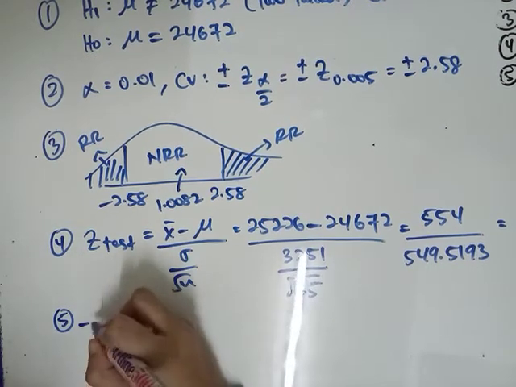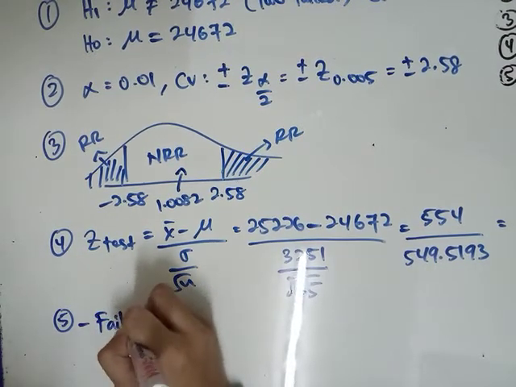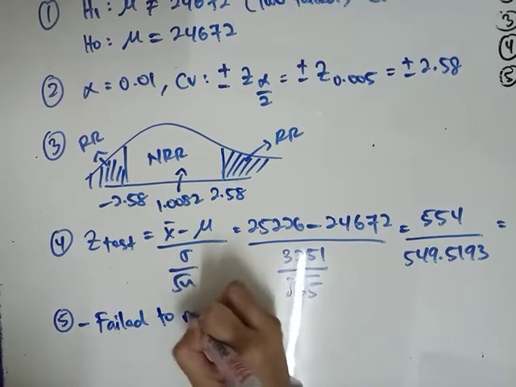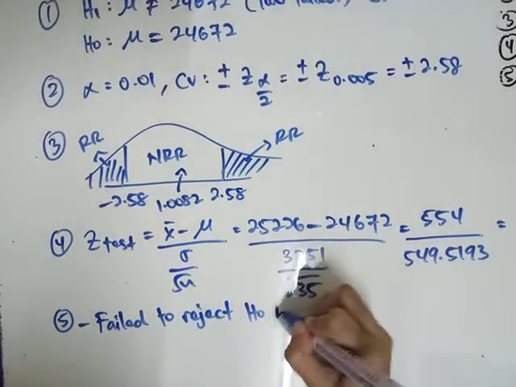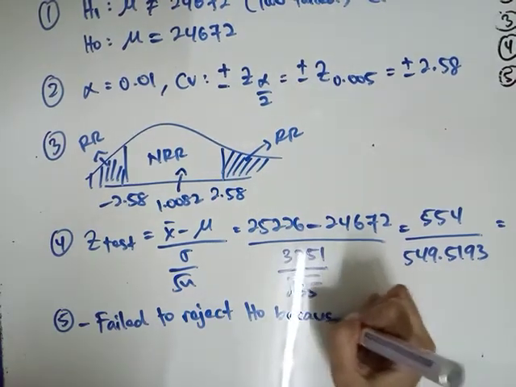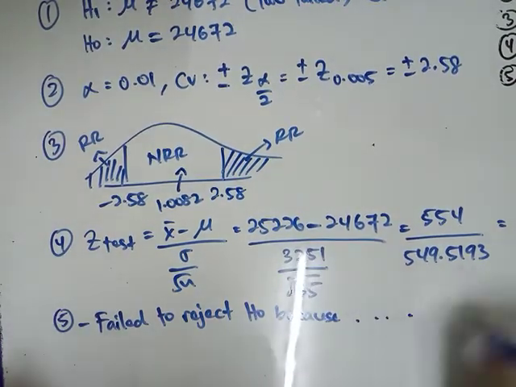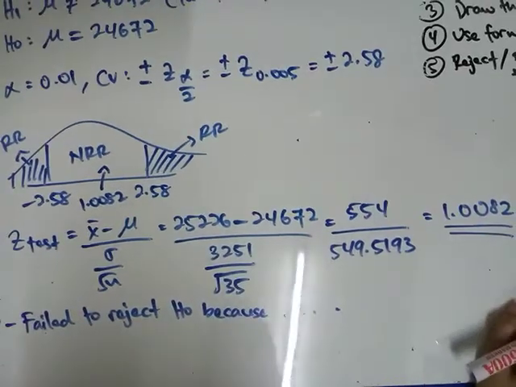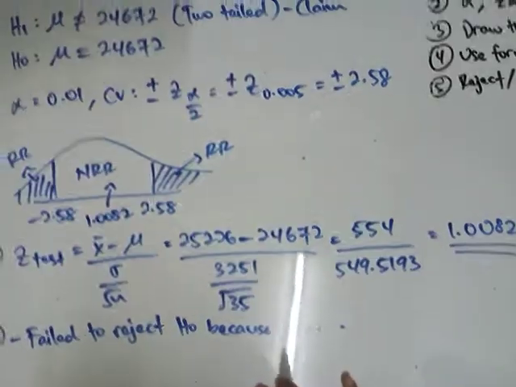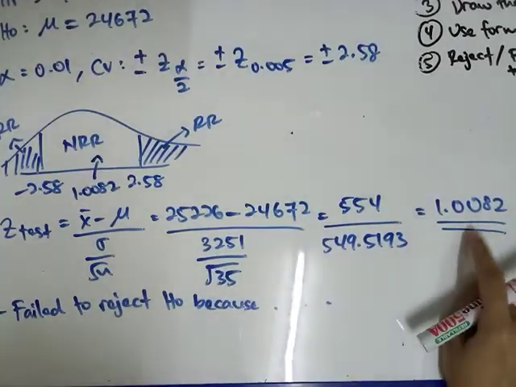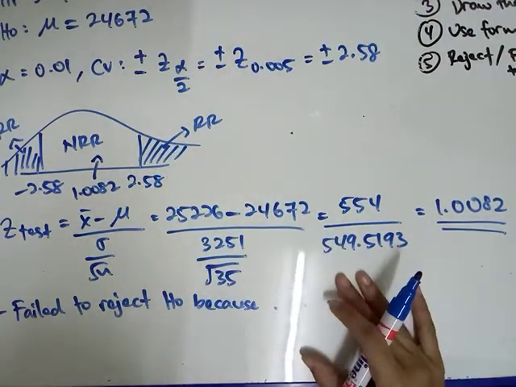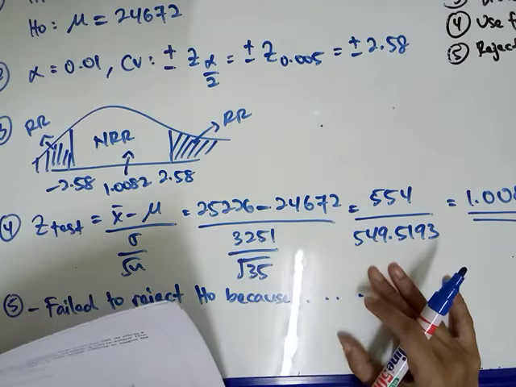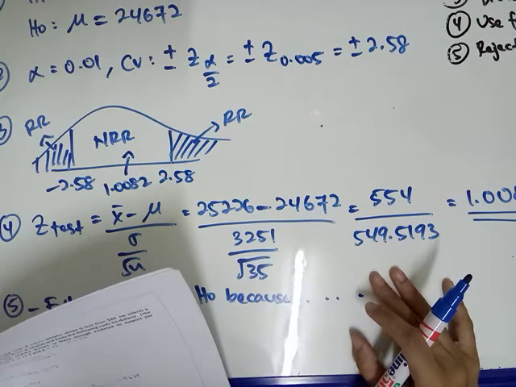So we can conclude that we fail to reject H0 because what? Okay, conclude by yourself. Because the value of the Z test is in NRR. Okay, fail to reject H0 because the value of the Z test is in NRR.